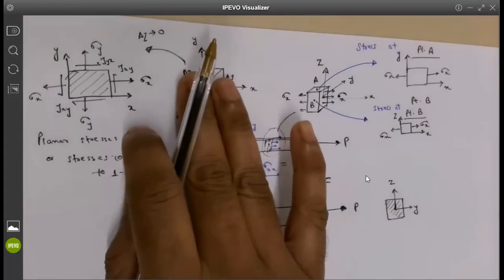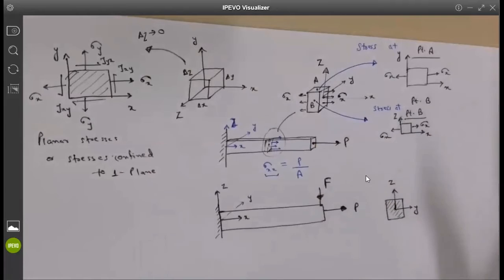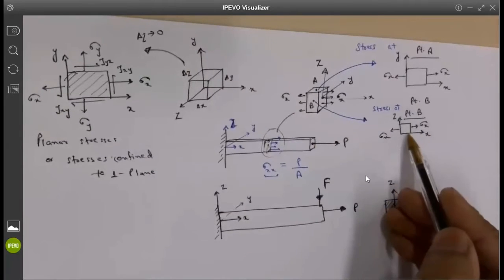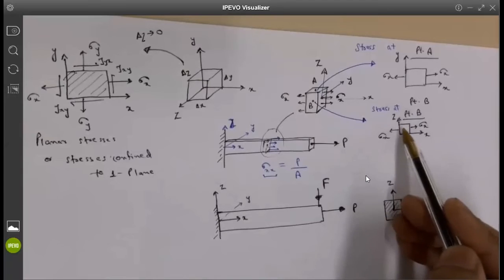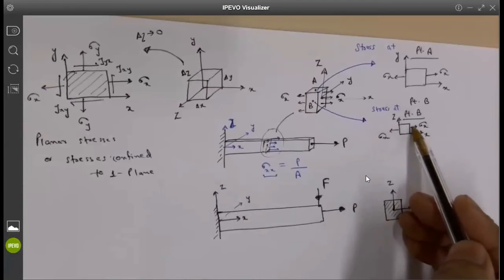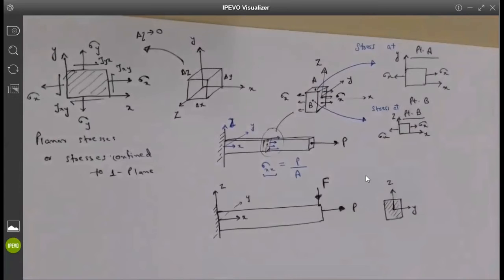Instead, I have simplified my description: the stress at this point can be represented in the xz plane, and I only have to worry about sigma x because there is nothing else acting on it. Is everybody following what I'm trying to say here? Yes, that's perfect.